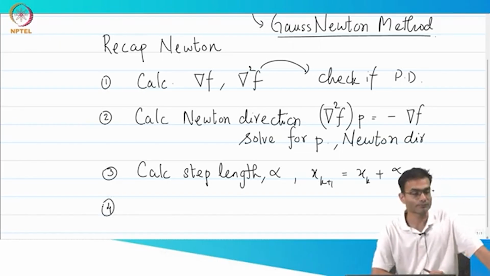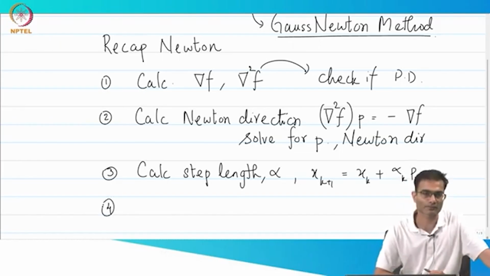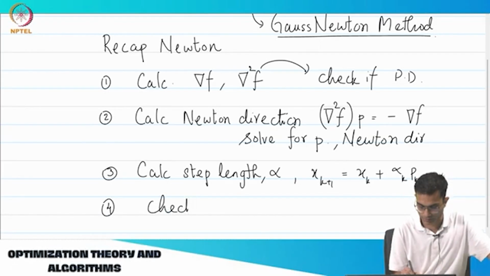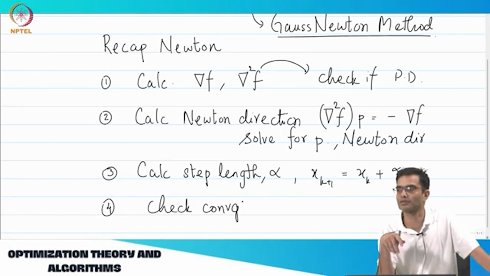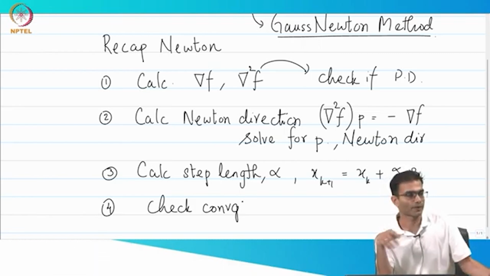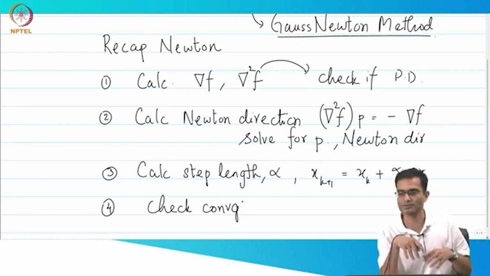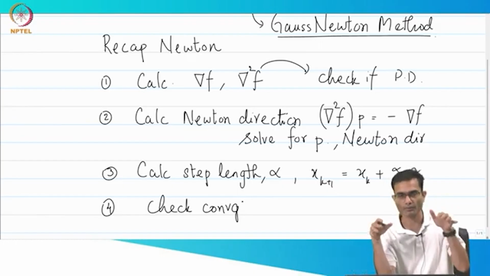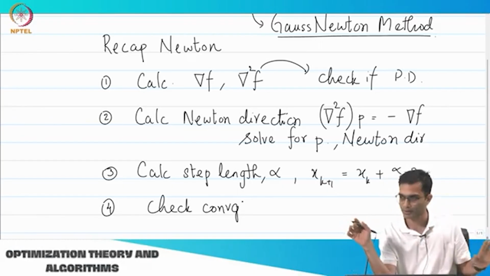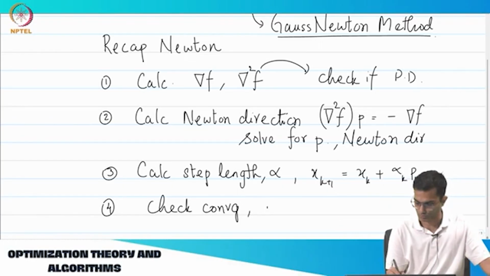What do I need to check now? Check for convergence, right? I'm leaving it general. This convergence could be you have exhausted your maximum number of iterations, or the norm of grad f is very low, whatever, right? And if so, stop.